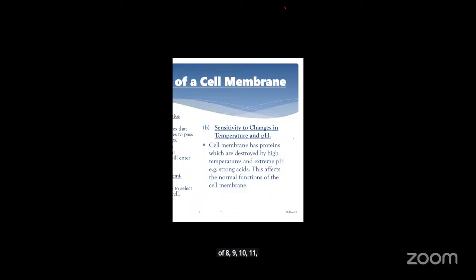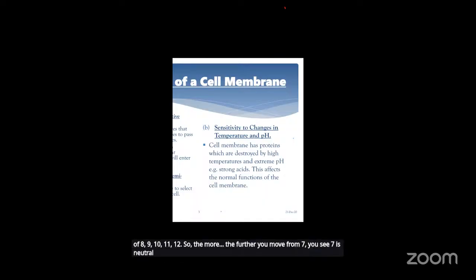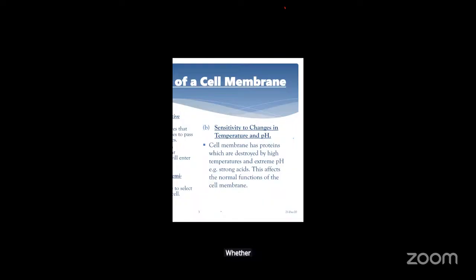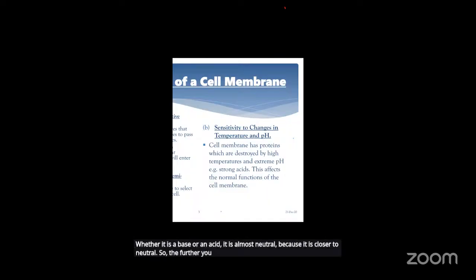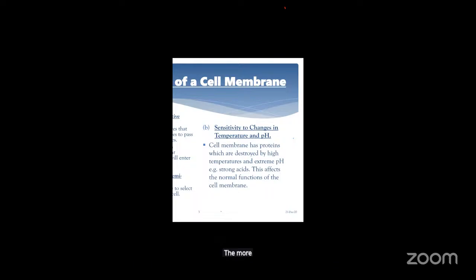So the further you move from 7, you see 7 is neutral. So if you are around 7, whether it is a base or an acid, it is almost neutral because it is closer to neutral. So the further you move away from the neutral number 7, the more alkaline a substance is going to be. Like for example, if 7 is neutral, 8 is closer to neutral than 9.